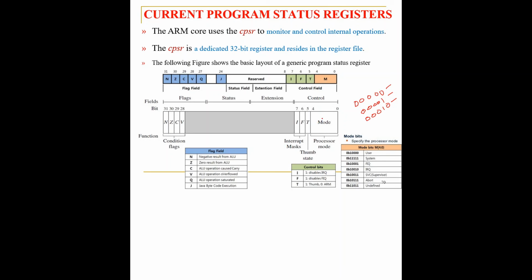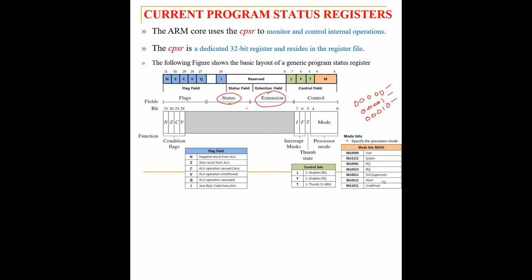In addition to this, let's get into detail. It basically has around 4 fields: the flag field, status field, extension field, and control field. The status field and extension field are reserved for the future. As of now, they are not going to use them.